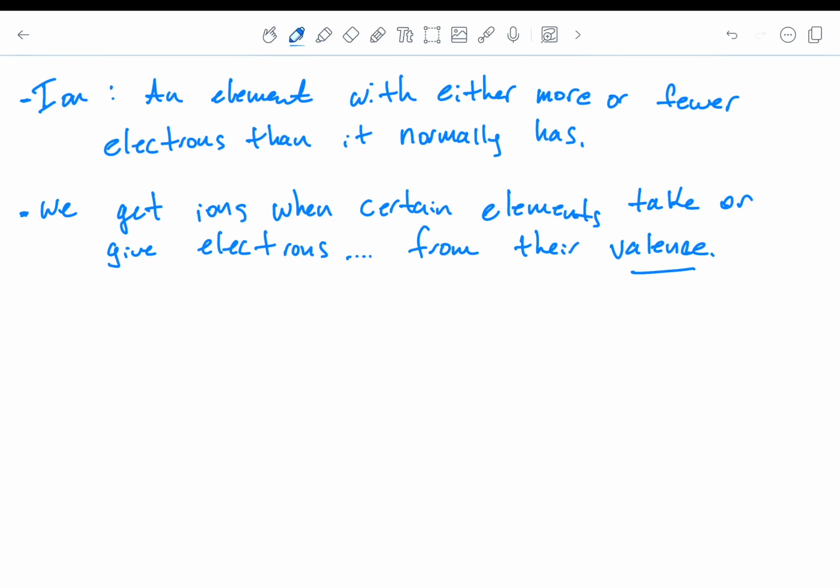Okay. Now, let's take a minute and talk about how something becomes an ion. There are two types of ions. The first is what we call a cation, and the second is what we call an anion.